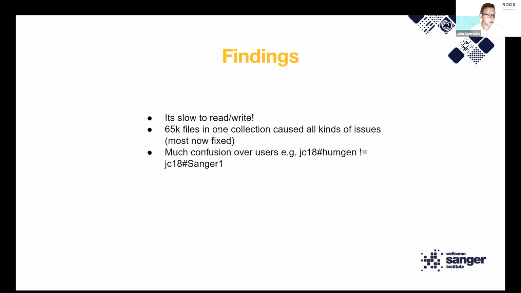The other thing that we found was that we had a lot of confusion over users because we were pointing the NFSRODS directly at the sub-zone, but most of our users came in via the federation zone. Then the zone owner basically had to do a lot of work to make sure the ACLs were applied for both the local user to the zone, which was the one that the NFSRODS was passing the UID data across as, but also the same permissions applied to the federation user that was coming in.